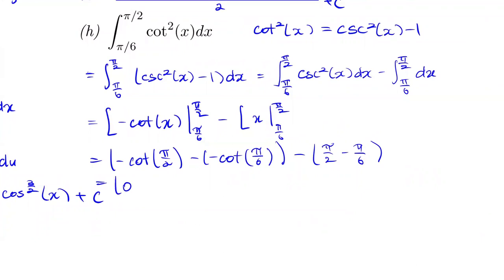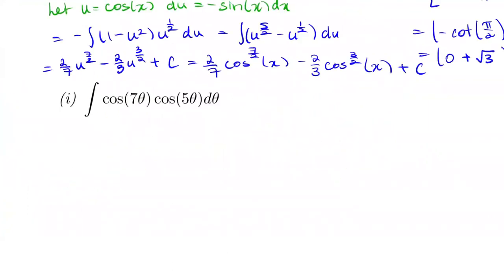The second one is going to give you positive root 3. And for the constant term here, we're going to get negative pi/3. So the answer here is just going to be root 3 minus pi/3. Okay, so that's part H.